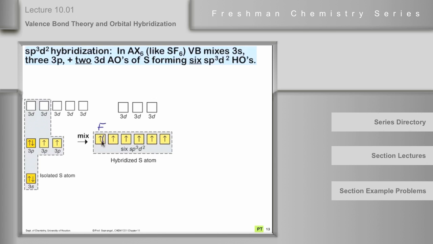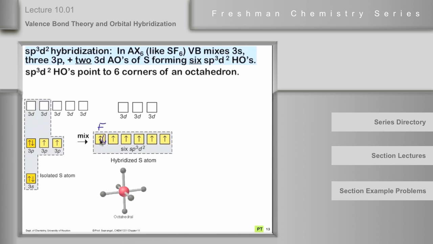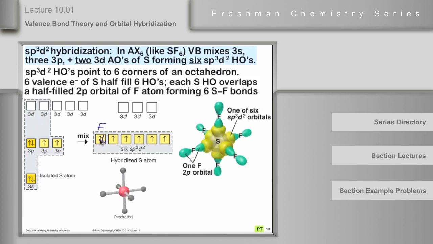So we would have a fluorine like this, and we would make a sulfur-fluorine bond, and so forth. And this would end up making an octahedral structure, and the sulfur has now 6 equivalent sp3d2 hybrid orbitals, and each one forms a single bond, and each one would be called a sulfur sp3d2 fluorine 2p bond.